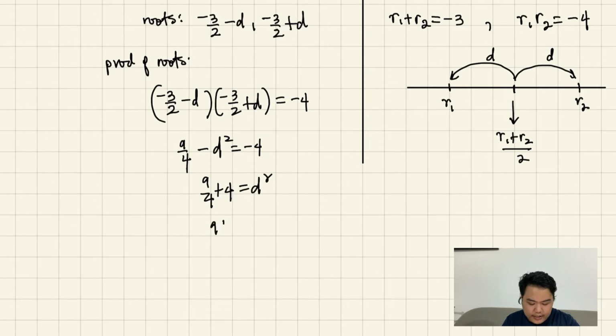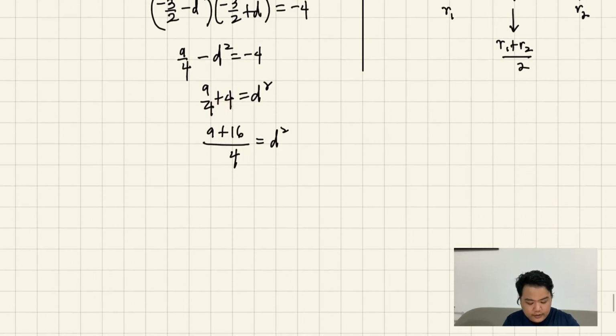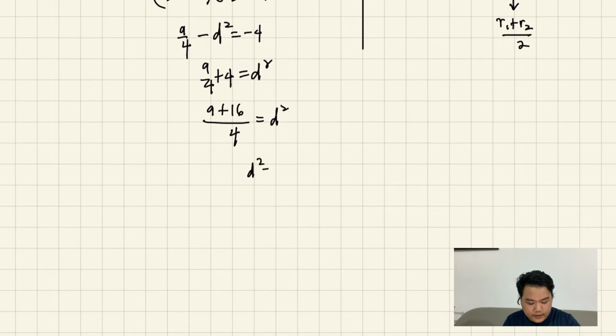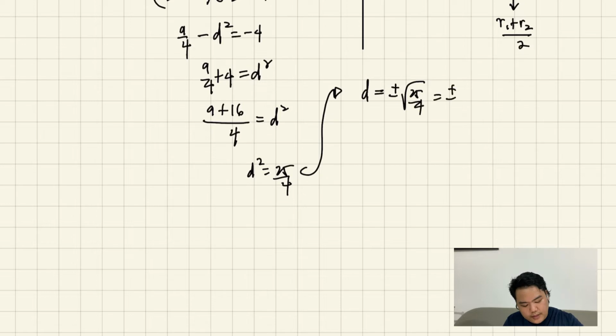So, you get 9 plus 16, right? 16, okay. So, D squared equal to 25/4. And then, D is equal to plus minus square root, or plus minus 5/2. Okay?